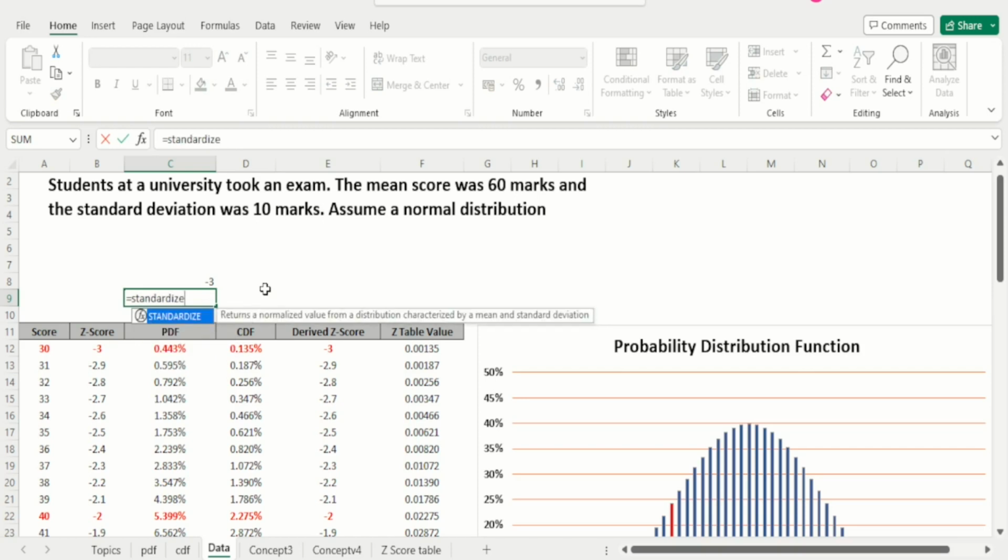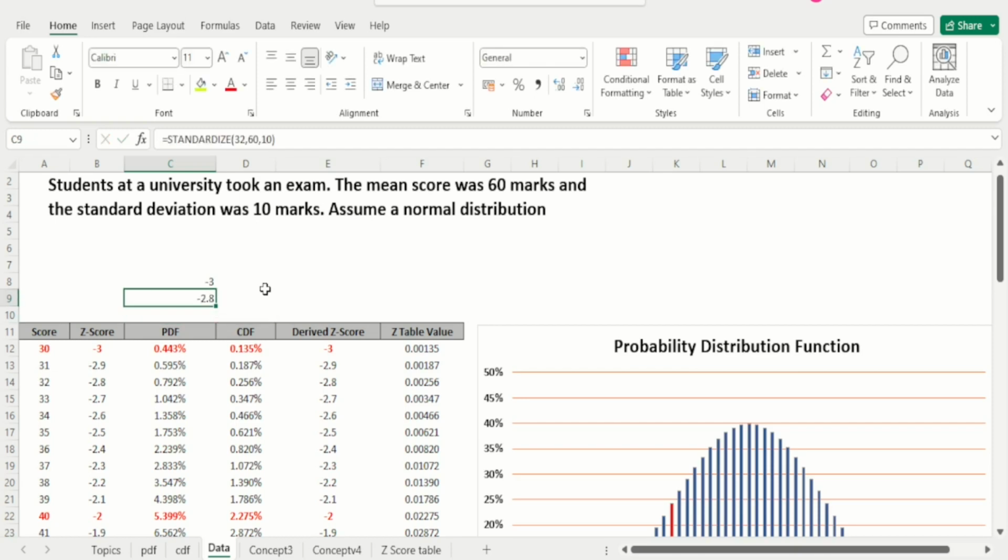The mean is again 60, and the standard deviation is 10. Let's see what we get. We get -2.8. So for 32, that's the value, -2.8. This is again a useful thing to keep in mind. You can always compute it manually, but if you want to use Standardize, you can use that as well.